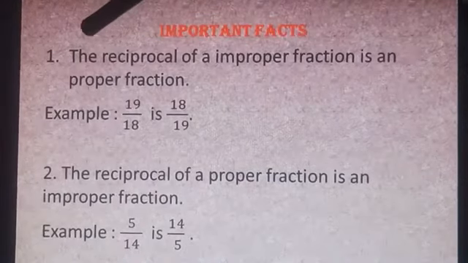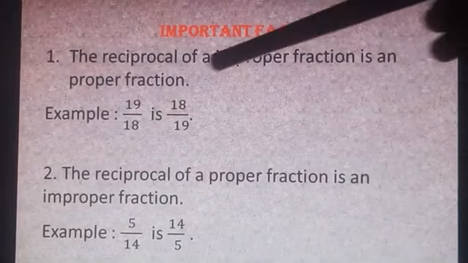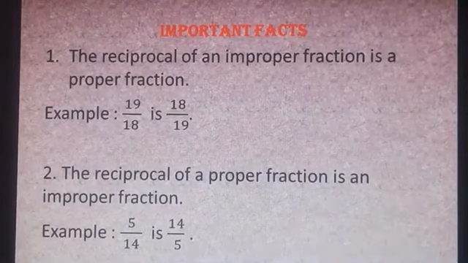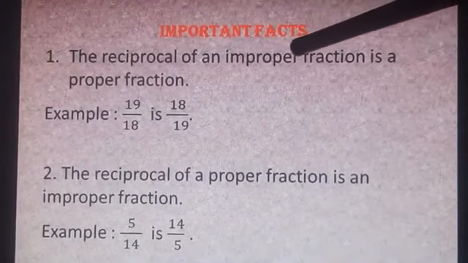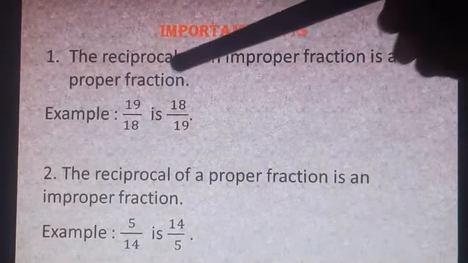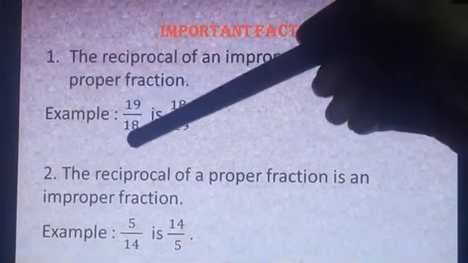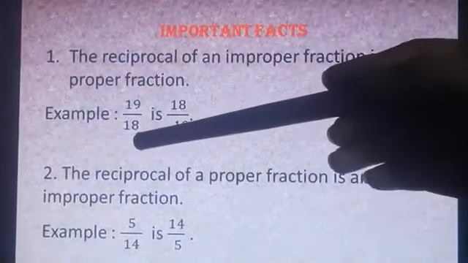Important facts. The reciprocal of an improper fraction is a proper fraction. If the fraction is improper and we take its reciprocal, it will become a proper fraction. See this example, 19 upon 18. It is an improper fraction.